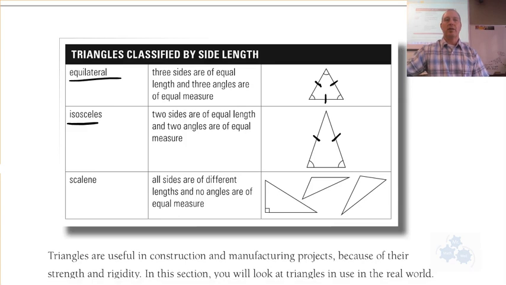Now, what's neat about this, and I will go back and highlight this now, an equilateral triangle not only has three sides that are equal, it also means that all three angles are the same. So if we have three angles that have to add up to 180, what is the size of each angle?